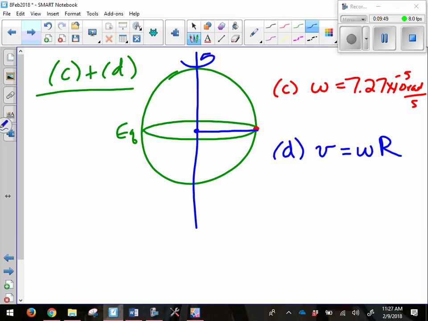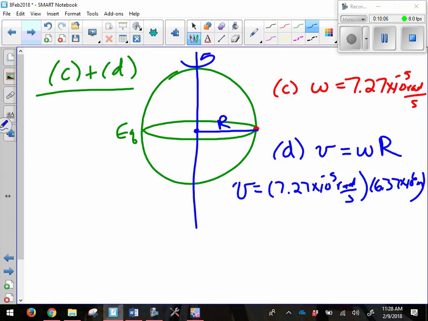And so that r is in fact equal to the radius of the Earth. So V is going to give us our 7.27 times 10 to the negative 5th radians per second times 6.37 times 10 to the 6th meters.